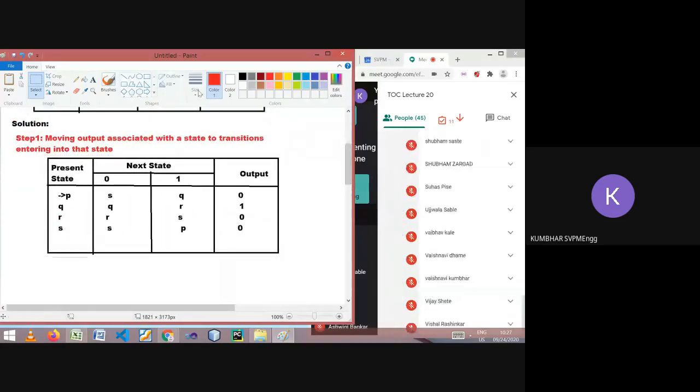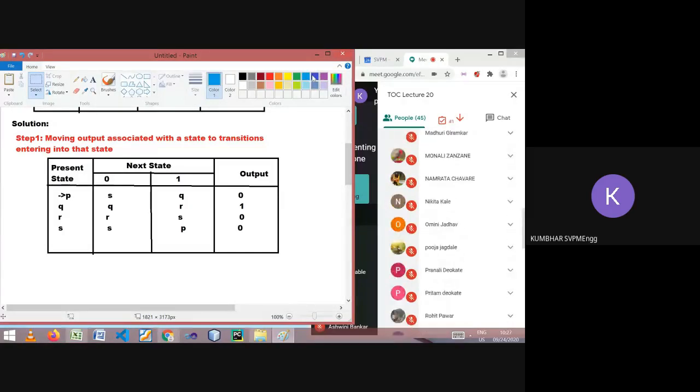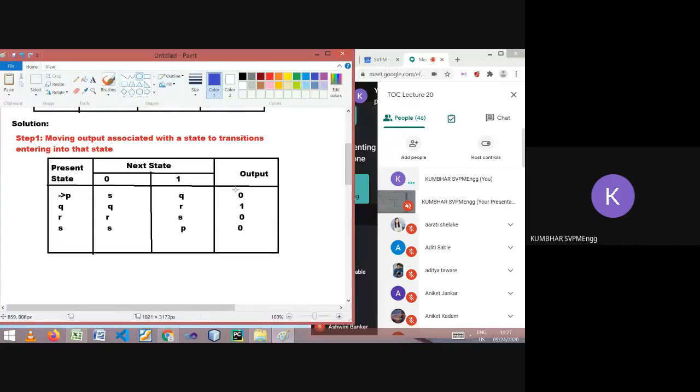So now we will move this first 0, which is the output of state P, to every occurrence in the next state part where P is present. So see, here is S, Q, Q, R, R, S, S, and P. Here there is a transition entering into P. So we will move this 0 here at the place of P. Are you getting me?